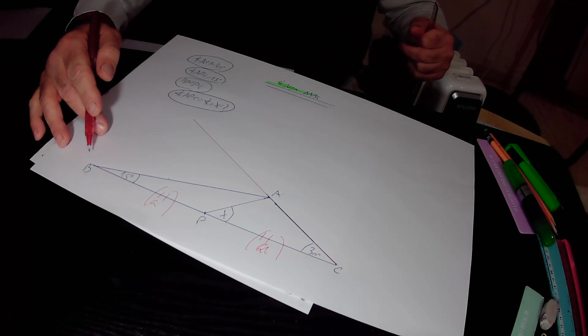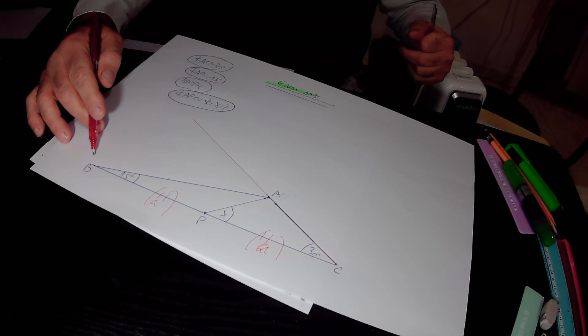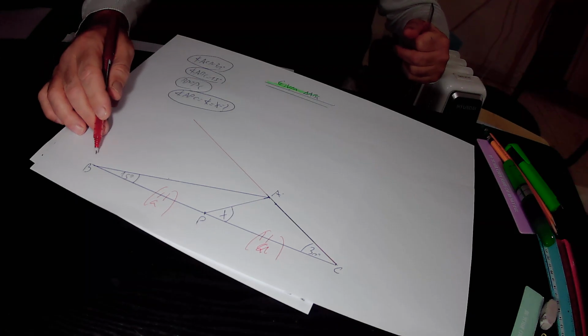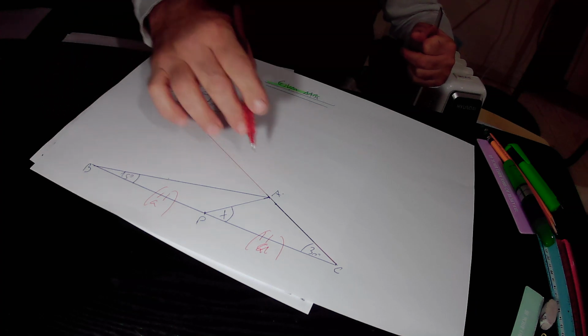One leg of the angle that is equal to 15 degrees will be the leg BA, and the second leg will be a leg that creates 15 degrees with the leg BA.